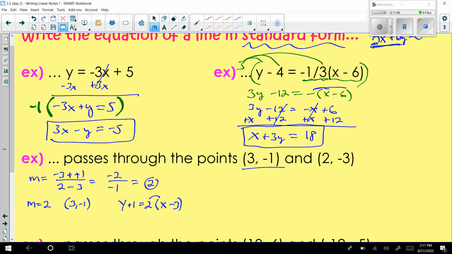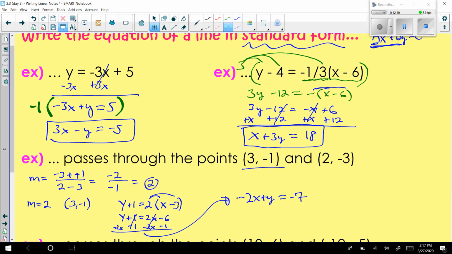All right, I'm going to distribute my 2 in, and I get y plus 1 equals 2x minus 6. Okay, again, we're going to put our 1 on the other side by subtracting it, and I'm going to move my 2x over, also subtracting. The 1's cancel, the x's cancel. So on the left side, that leaves me with -2x plus y equals -6 minus 1 is -7.